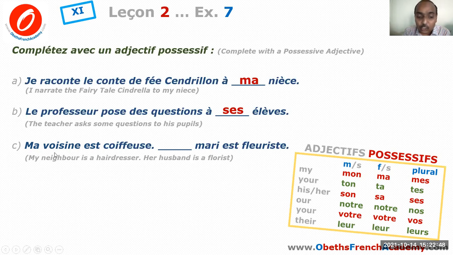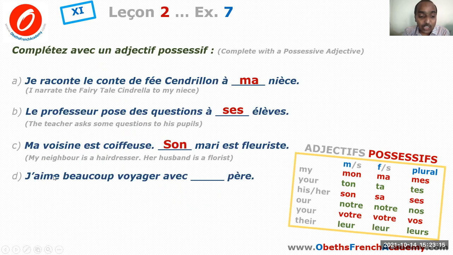So she is a hairdresser and her husband is a florist. So Marie is a masculine singular noun. So which her will you put? SON is also her, SA is also her, SES is also her. But we need to choose SON. Why? Because after the dash the noun Marie is a masculine singular noun.